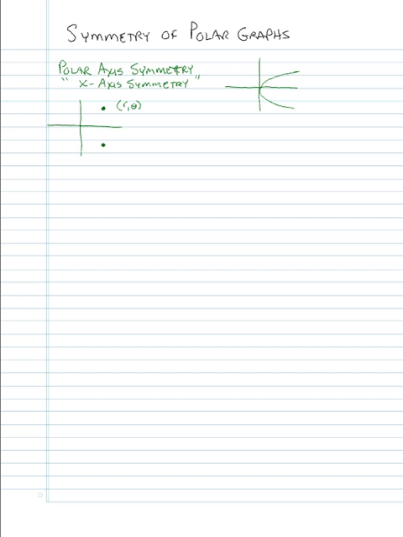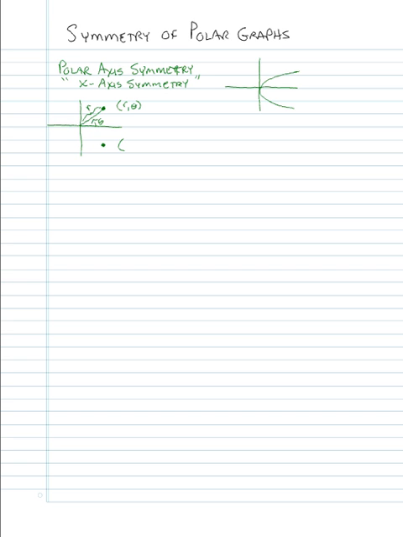That is symmetric to it, opposite of it. Now, if we were looking at this particular point, let's stop and think what this says. This angle right here is the theta, and of course this distance is the r value.